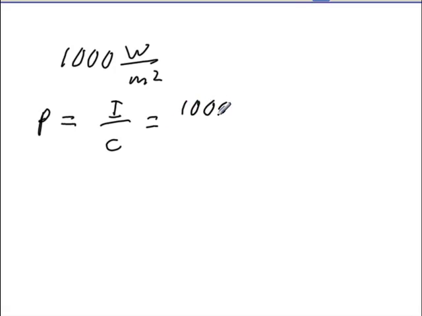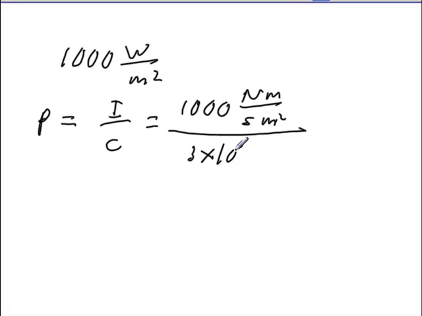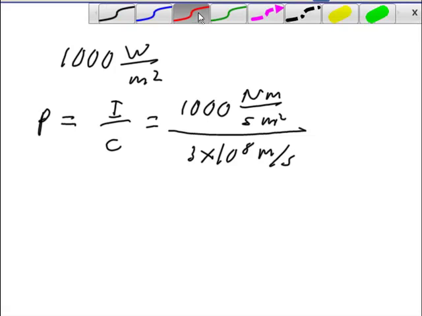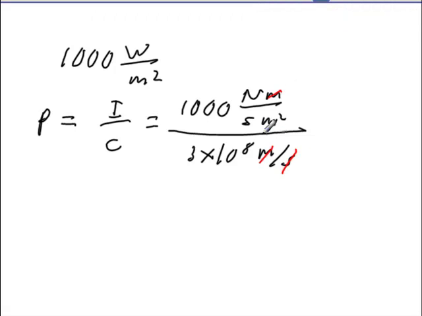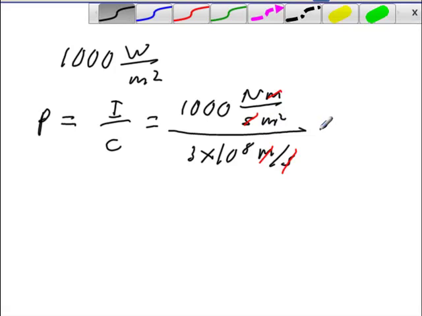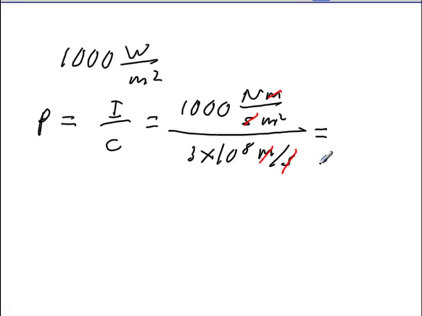That's 1,000 watts, or newton meters per second per meter squared, divided by 3 times 10 to the 8th meters per second. You'll notice meters cancels, seconds cancels. It's newtons per meter squared, but this is only going to be 3 times 10 to the negative 6 pascals.